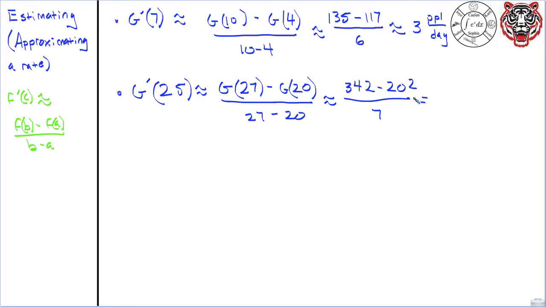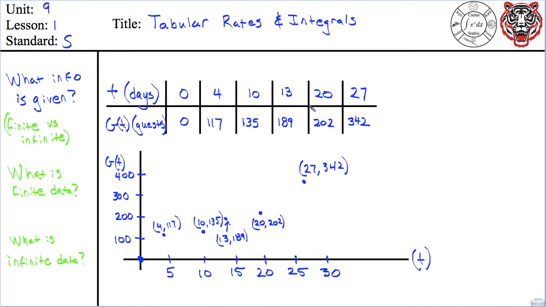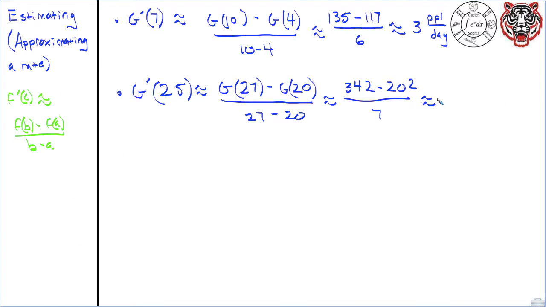Wait, so how come this is an approximation? It's an approximation because we don't actually know what's happening at that time. So we use the closest points to us to get a good idea of what's happening at that time.